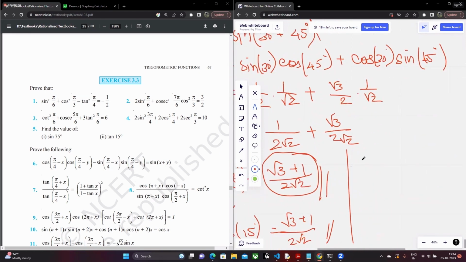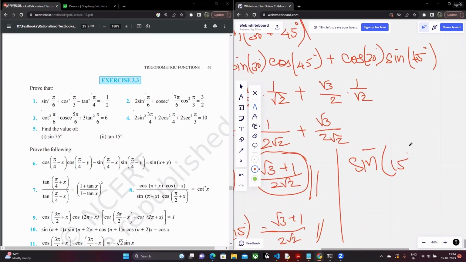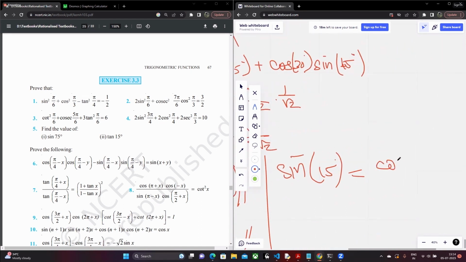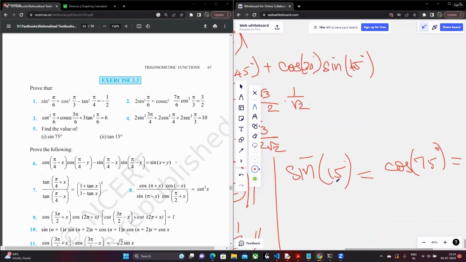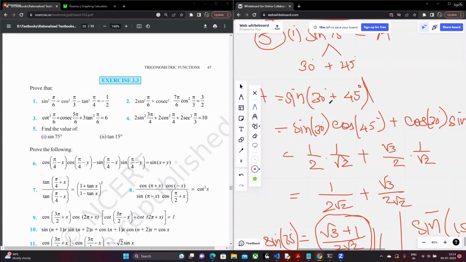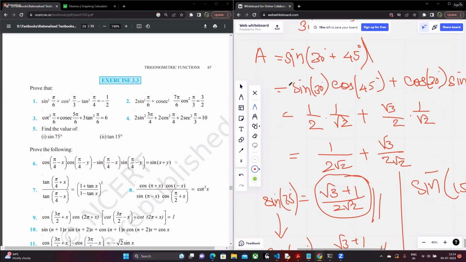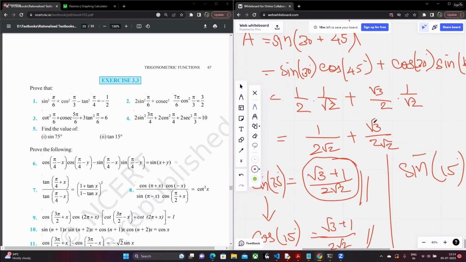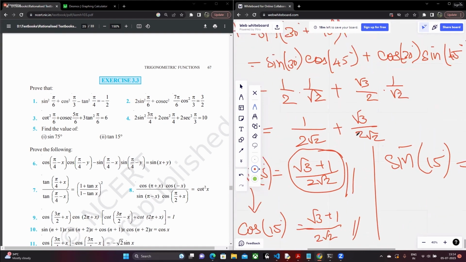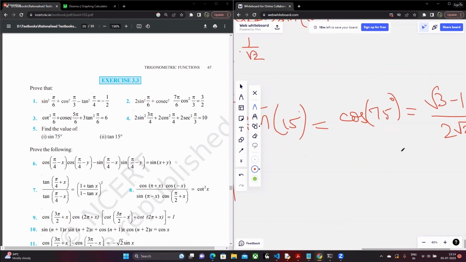That means that sine of 15 degrees is going to be equal to cos of 75 degrees, which is equal to root 3 minus 1 divided by 2 root 2, right? Because the only place where you change for 15 degrees and 75 degrees is this plus. Instead of a plus 30 degrees over here, for 15 degrees you'll do a minus 30, which means you will get a minus sign over here. But since cos of minus theta is also cos theta, this is going to be a plus, right? So you will basically get root 3 by 2 root 2 minus 1 by 2 root 2, which is basically root 3 minus 1 by 2 root 2, right?